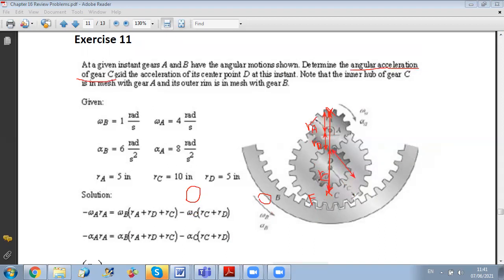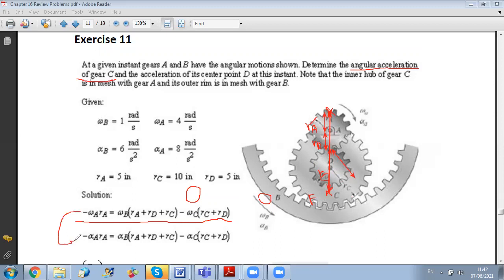We said that here we have several methods, or we can relate accelerations of points. Or also we can say this relation, relating omega A, omega B and omega C, is valid at any position.